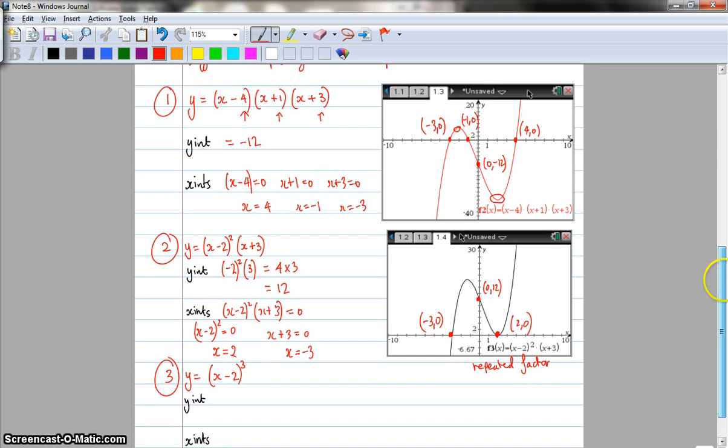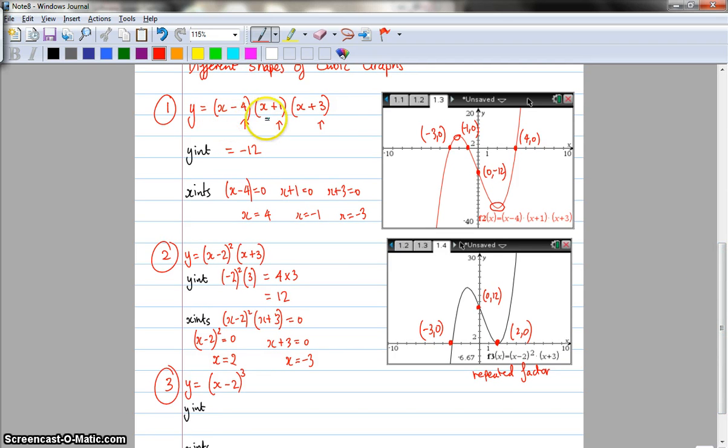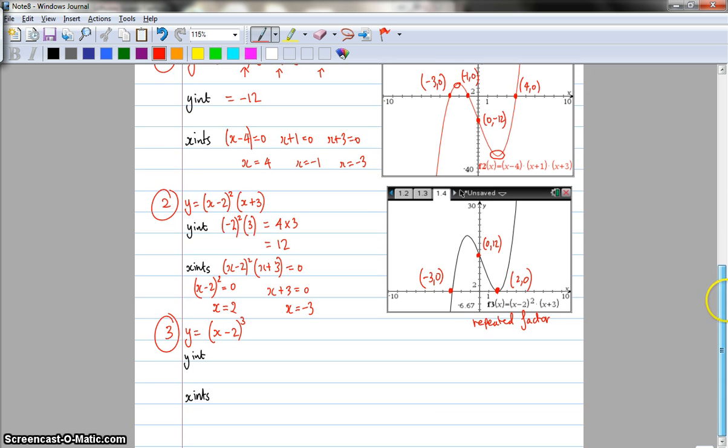So in the first example, we had no squareds, they were all linear factors, and they all crossed the x-axis once. So there were 3 x-intercepts, and it crossed 3 times. In the second example, one of the factors was squared, the 2 was squared, which means it's a repeated factor and it bounces on that. So there's really only 2 times where it touches or crosses the x-axis, rather than the first example of 3.